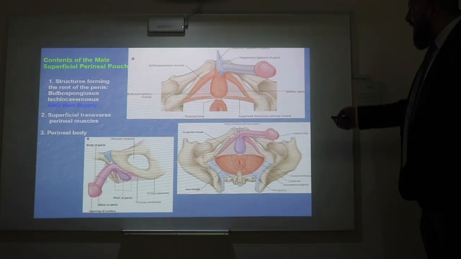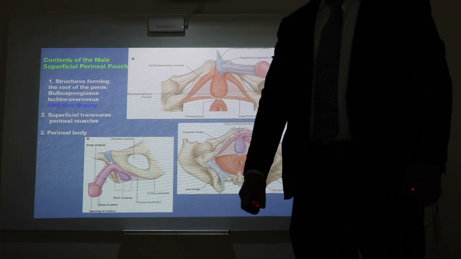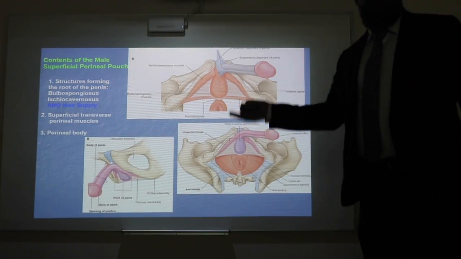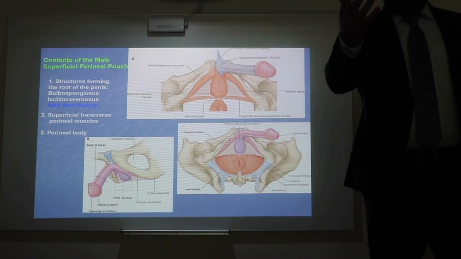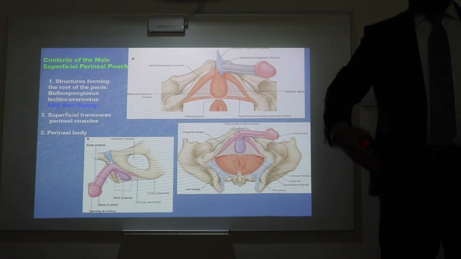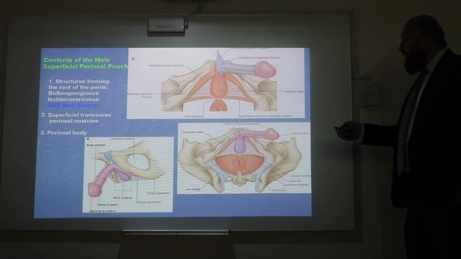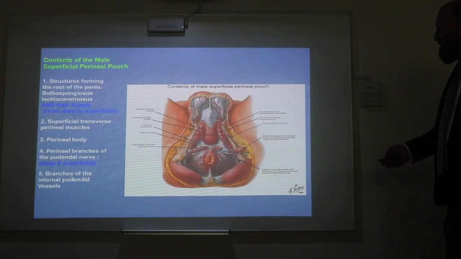What else do you think among the contents of the superficial pouch? Vessels, right? These structures will receive arteries and nerves and will give up veins, right? So blood vessels that will supply the root of the penis and the clitoris are also there.